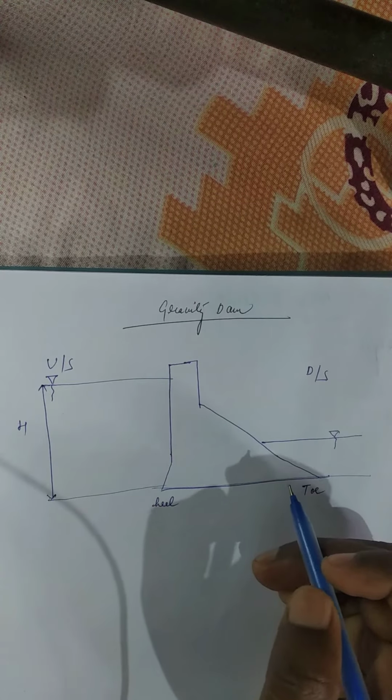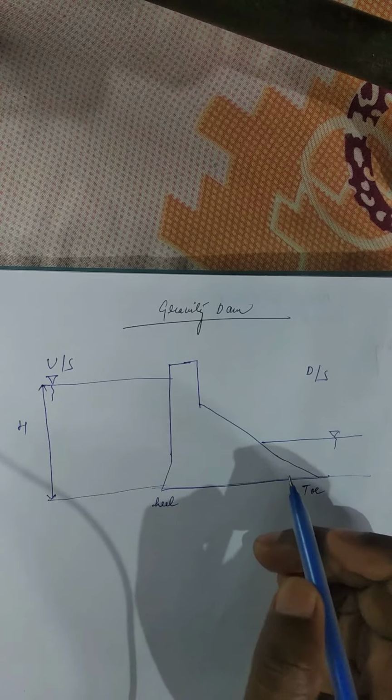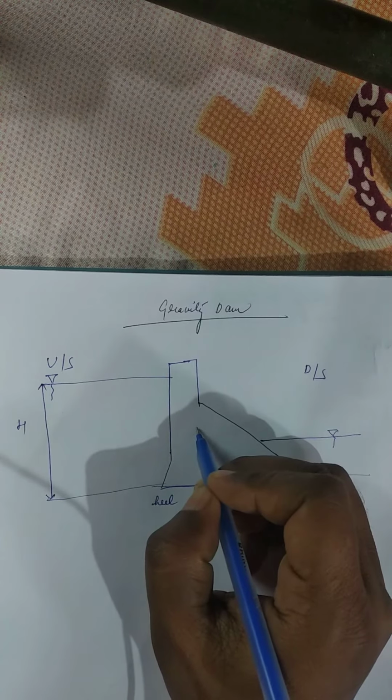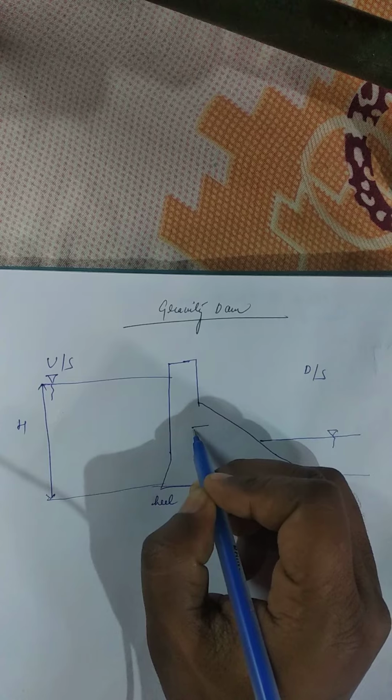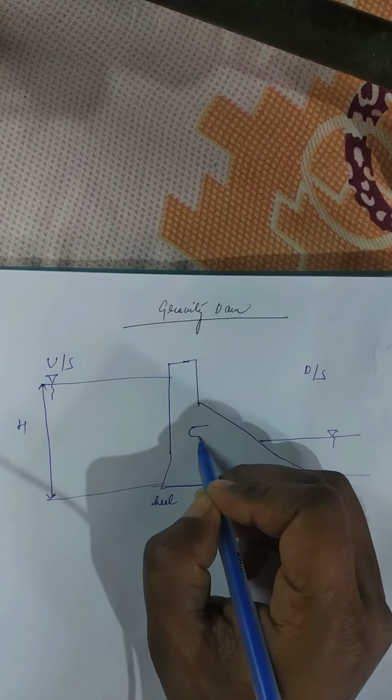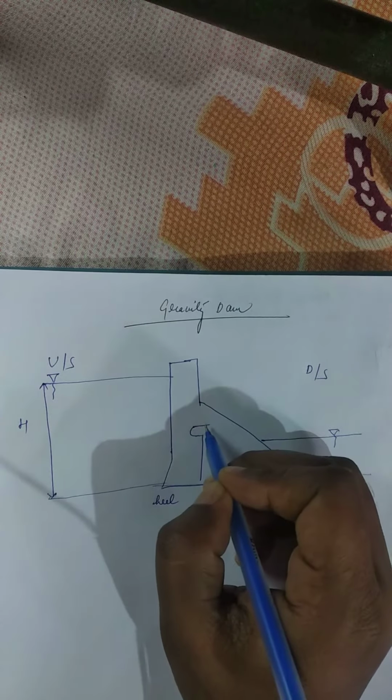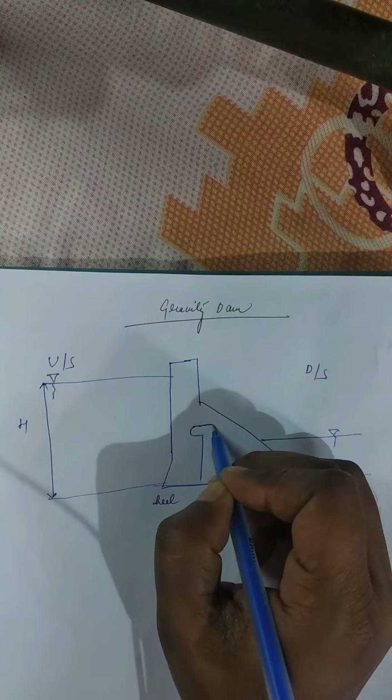And basically in most of the structures, a drainage gallery is provided to reduce the uplift pressure. The structure may be like this, it may be different, but now we'll use this type of structure.